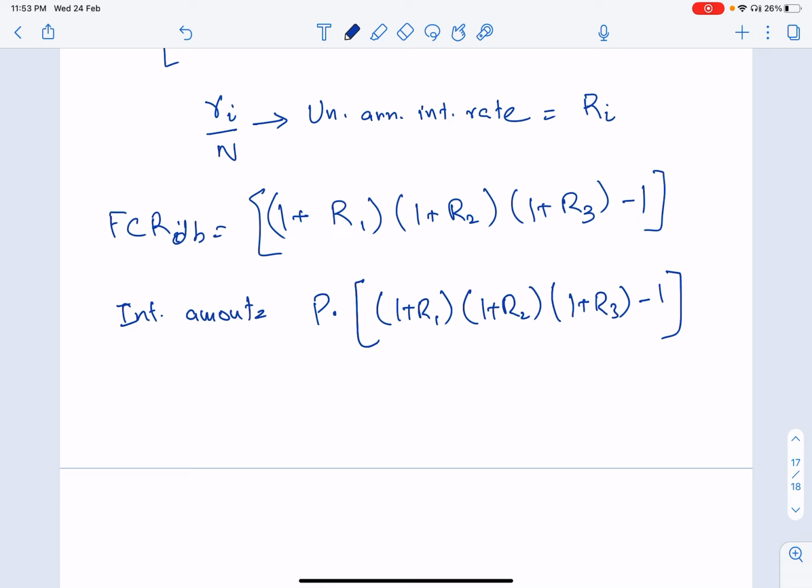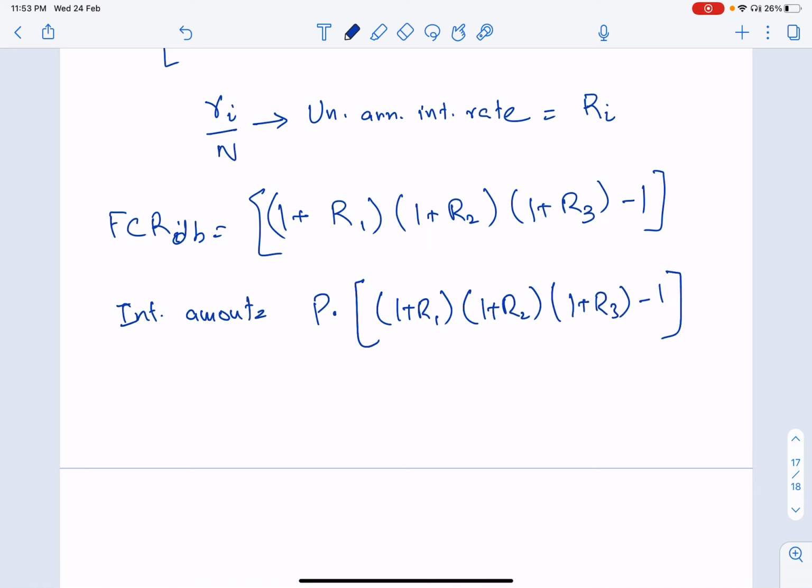And if we were to calculate the total amount, not only the interest but the principal plus interest, all we need to do is take away this minus 1 from here. Then it becomes the overall.